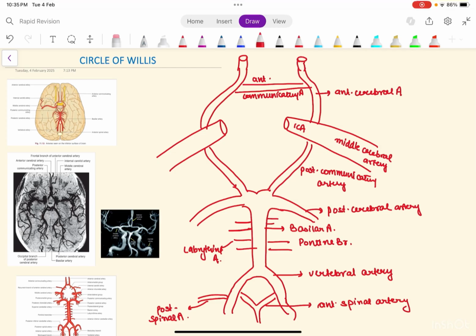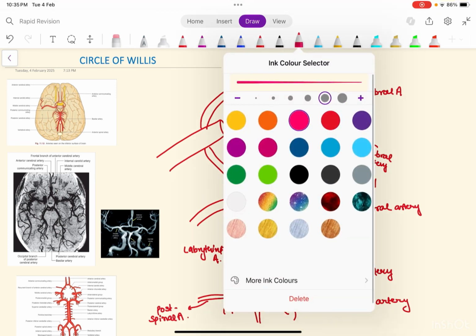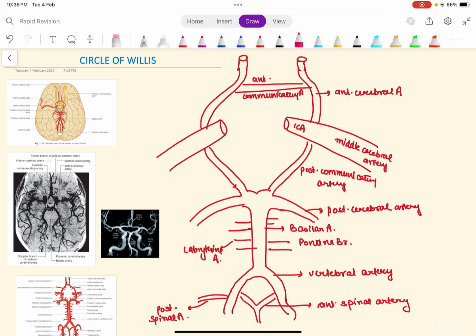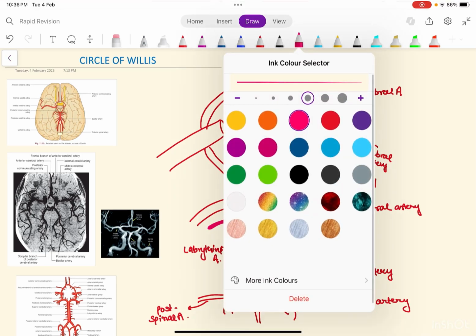Then we have some branches like the superior cerebellar artery and inferior cerebellar artery. Over here you will see that we have the superior cerebellar artery.